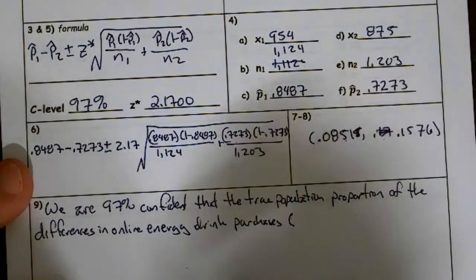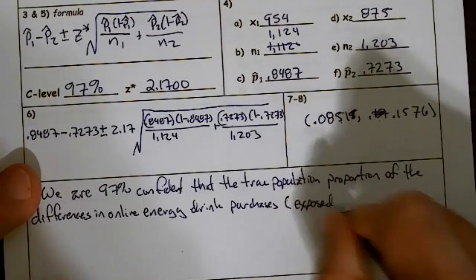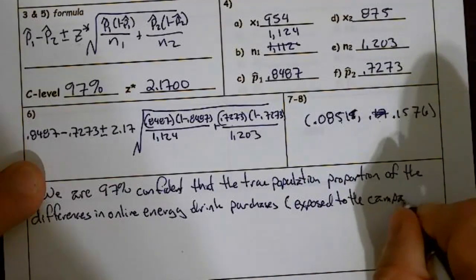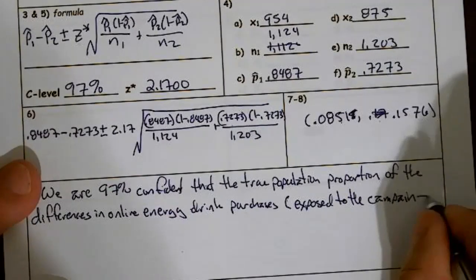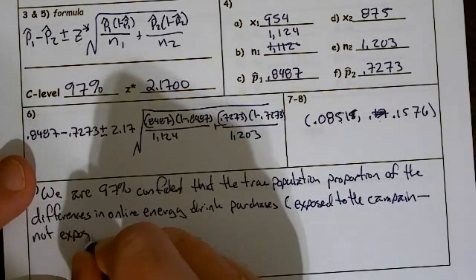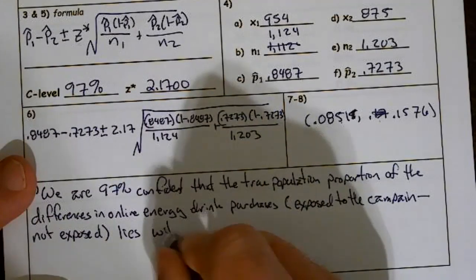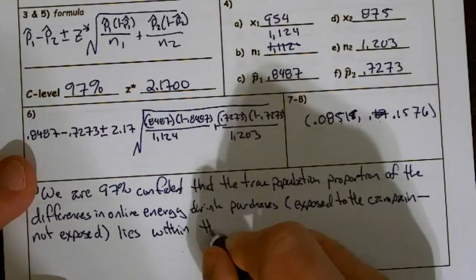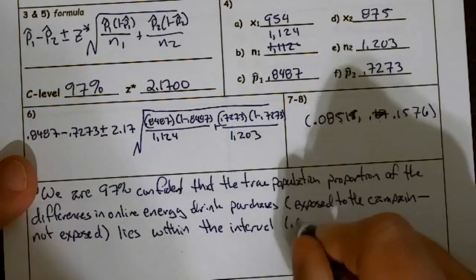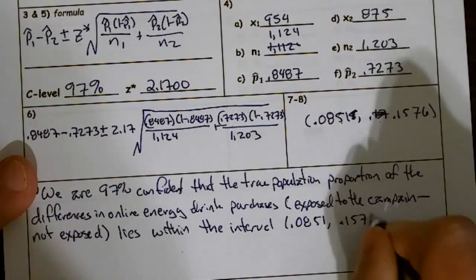And what were we subtracting? Exposed to the campaign minus not exposed lies within the interval 0.0851 and 0.1576.